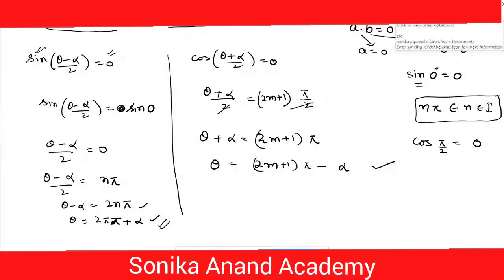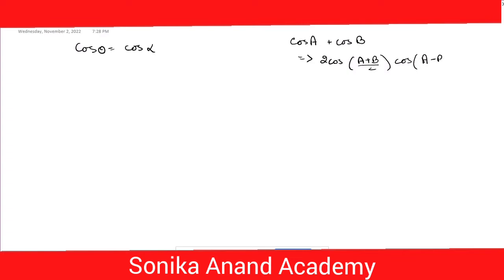Now 6.04. Now we have the same equations. Cos theta is equal to cos alpha. Now for cos A plus B and cos A minus B, I am telling you both the formulas. Please memorize these four formulas also for the future.